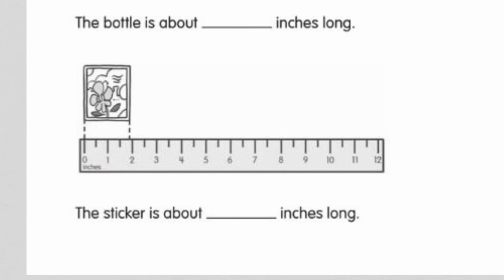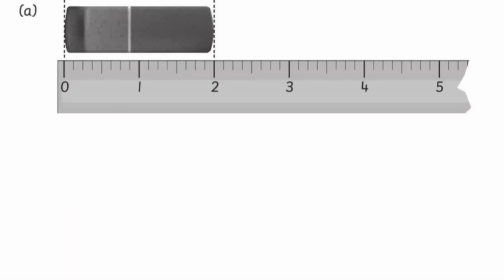Say it out loud. Great. All right, let's look at this eraser. We line the bottom of the eraser up to 0 and we see how many units long. Now this isn't about, this is exact. It's exactly how many inches.